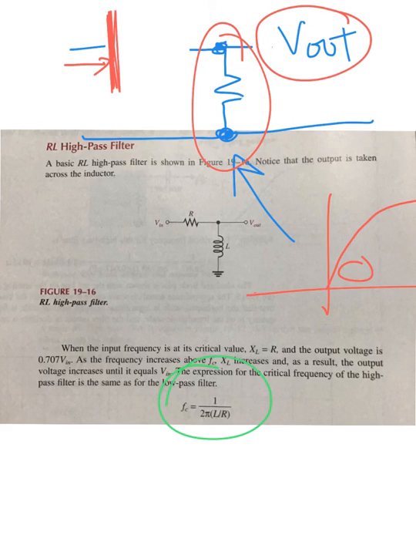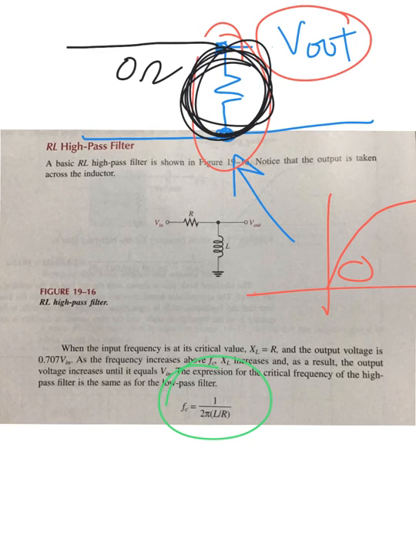And as the frequency gets higher, this capacitor dead shorts. Here it is, dead shorting, 0 ohms. And who gets all the current, all the voltage? The resistor. And at the cutoff and beyond, we are at full voltage, or theoretically full voltage. That concludes our high-pass filter information.